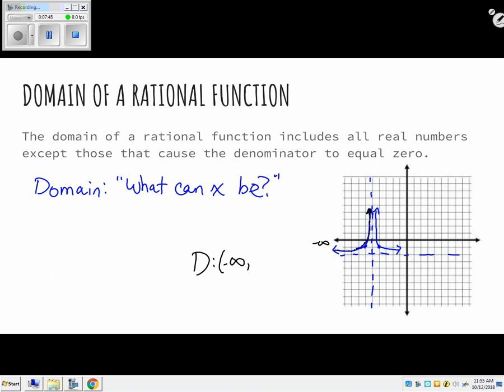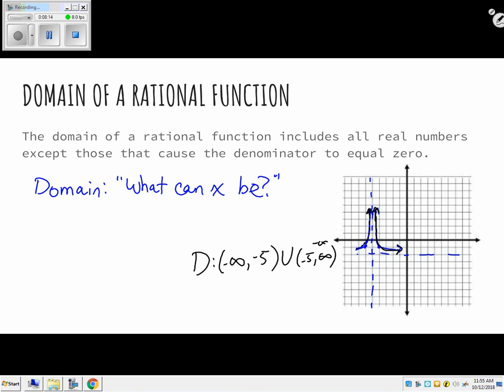So I go from negative infinity to negative 5, and I show that I don't touch it with that parenthesis. We have the union sign that we use in math, and we pick up right on the other side of negative 5 right here. It got really close to it. And then if I trace my way down this branch, it goes all the way out to positive infinity. Oops, that's a 5. Goes all the way out to positive infinity. Sorry.